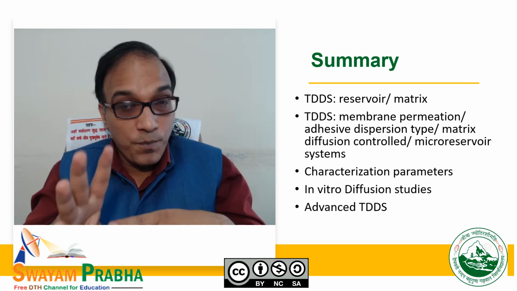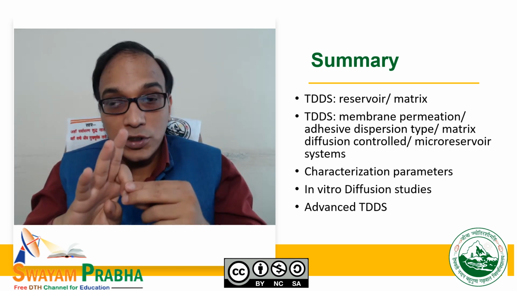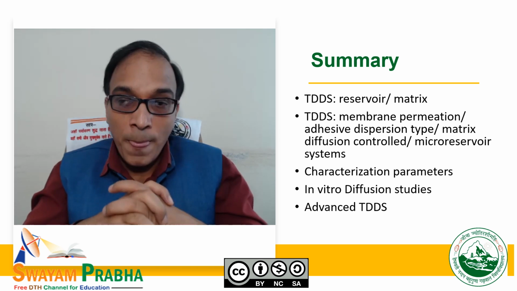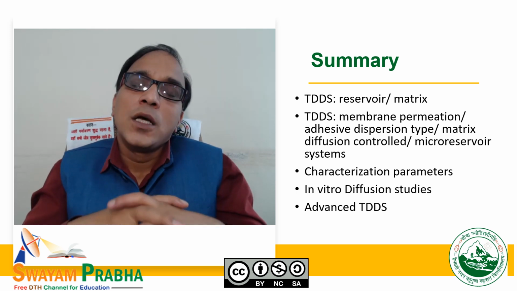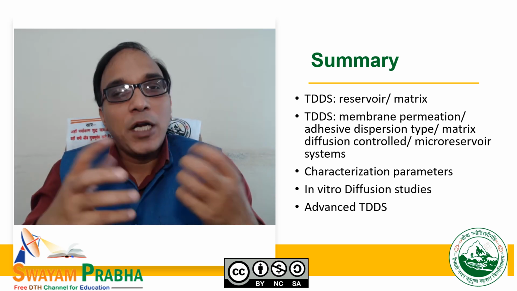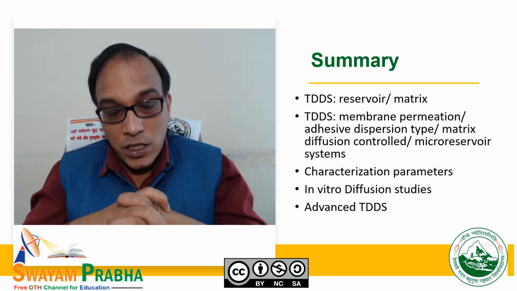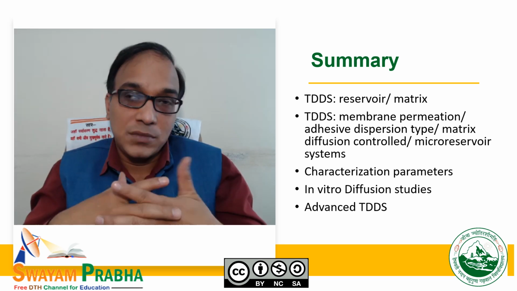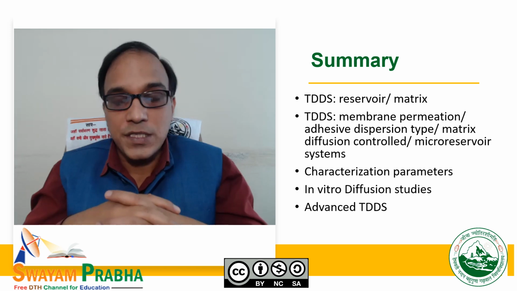They are of four major types: membrane permeation control system, adhesive dispersion type system, diffusion control system, and micro reservoir system. The systems may be designed depending upon your requirement and the release requirement. You can select any particular type of system.